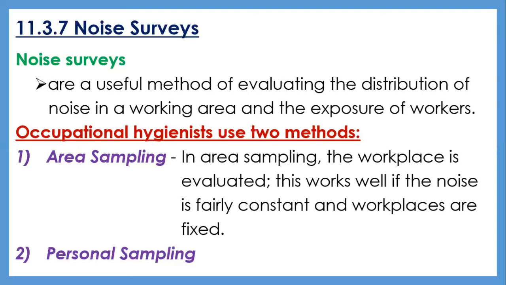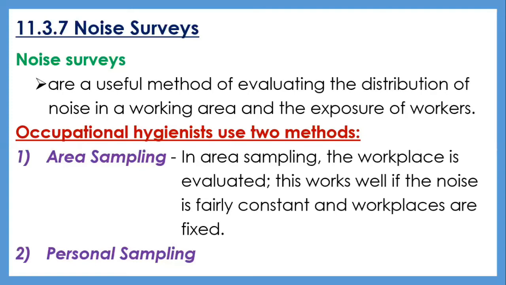Now, in area sampling, a plan map of the workplace is actually needed. Sound levels at various locations are recorded directly onto the map, and areas of high and low noise can be identified so that appropriate remedial action can be taken. Noise contours or regions of equal sound level can be superimposed onto the floor plan.